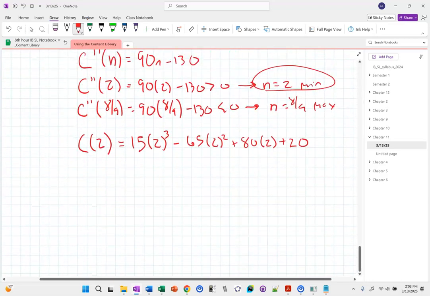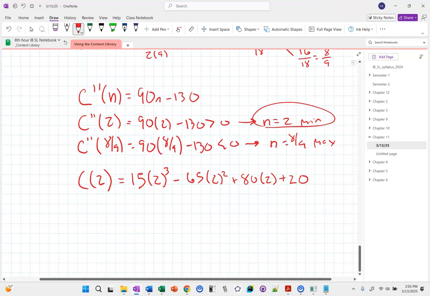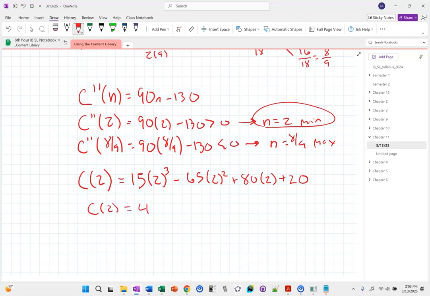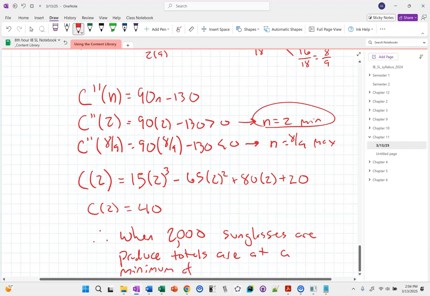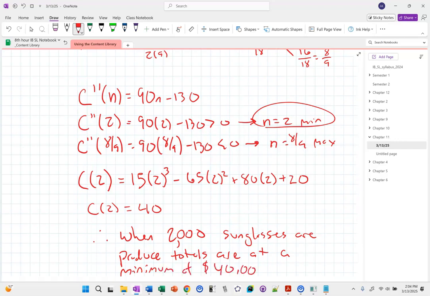Right? Yeah. And when I do that, I get, I'm just going to look it up, 40. So we'd say when 2,000 sunglasses are produced, total costs are at a minimum of 40,000 simoleons there.